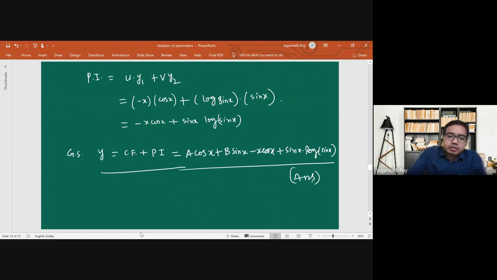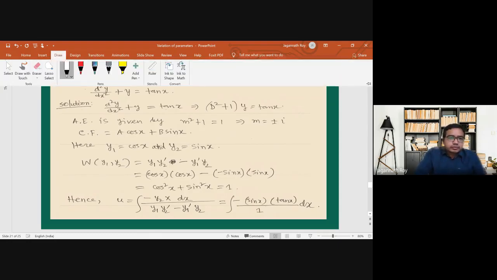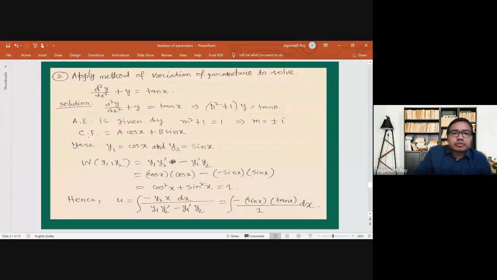Now let us see one more example. If we have tan x on the right hand side, then we will have the same complementary function. The Wronskian is again 1.